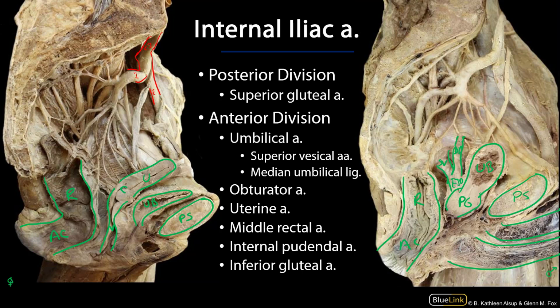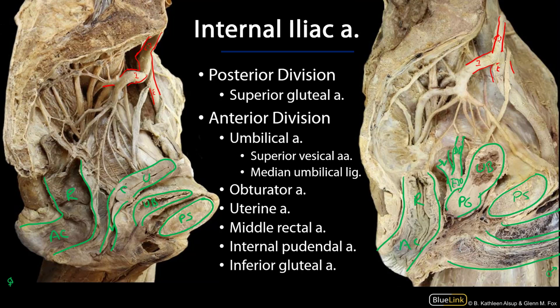Over here we can see the same thing. There's the common iliac bifurcating into an internal and an external iliac. That internal iliac has both posterior and anterior divisions.